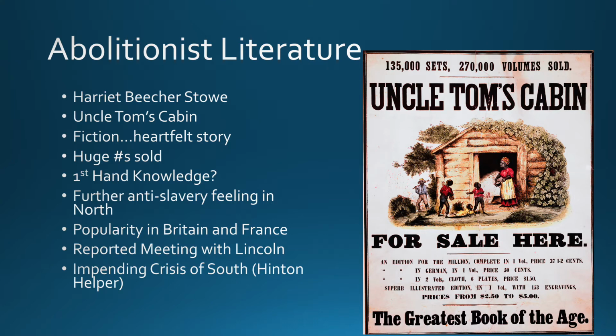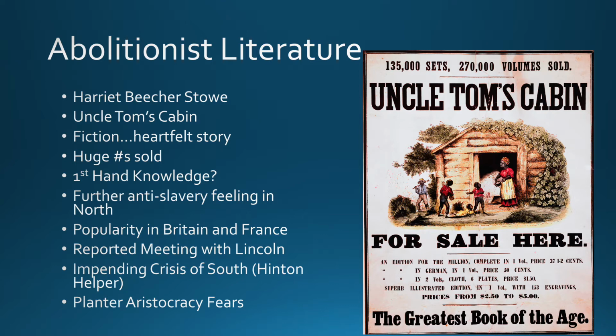Another book comes out that isn't necessarily to the same scope of Uncle Tom's Cabin, but still pretty significant, which is known as The Impending Crisis of the South. This was more argument-based, but basically what its author, Hinton Helper, tried to argue was that slavery was actually bad for non-slave-holding whites, and basically they suffered the most out of this system.